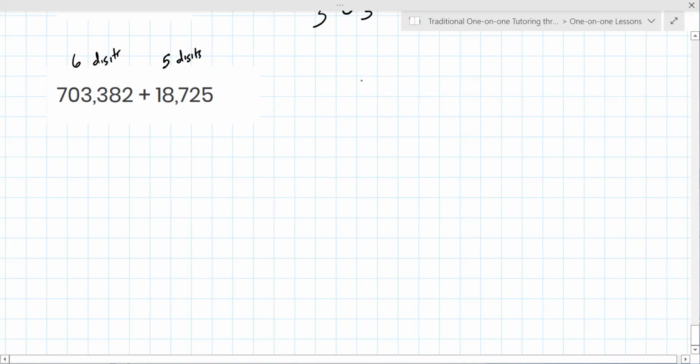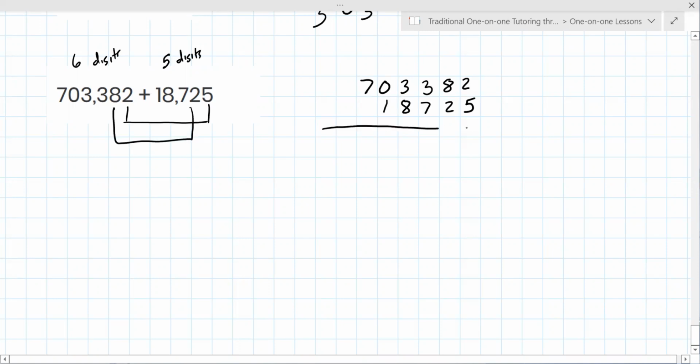When you write them, you have to line up the ones position. Do you see how the ones have to line up? That 5 has to go underneath the 2, and then the 2 has to go underneath the 8. So you almost write it from right to left if you want, but you have to get them to line up correctly.